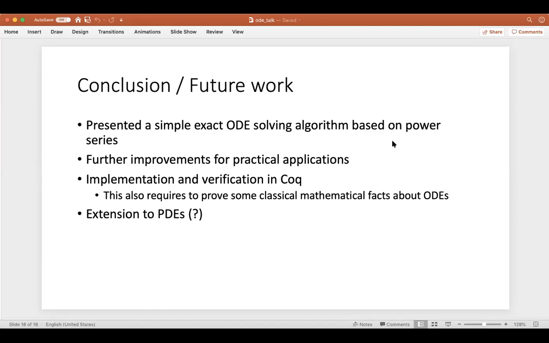Any more questions? I have a question. In the computing from the local solution algorithm, you assume that the Y is analytic so that it has a power series expansion at zero, and the coefficients of the power series, are they computable from F, or do you assume that it's not computable from a name in the standard function space representation?